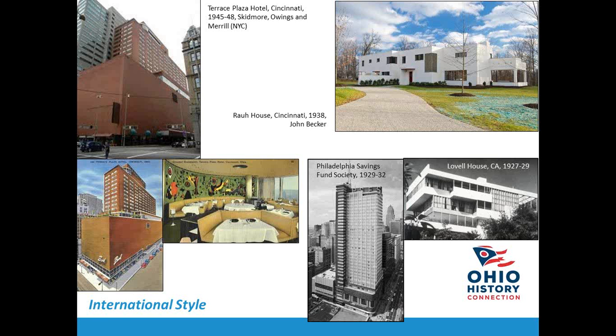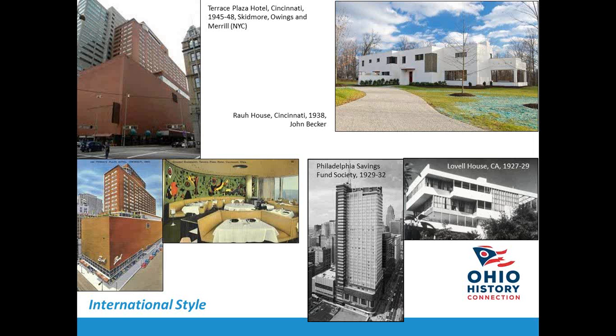One of the first design ideas, stylistic trends we're going to talk about is the international style. It really is the beginning of what's known as this radical modernism. It is ahistoric, it is very abstract, machine produced. In 1932, the Museum of Modern Art mounted an exhibition, the International Exhibition of Modern Architecture.